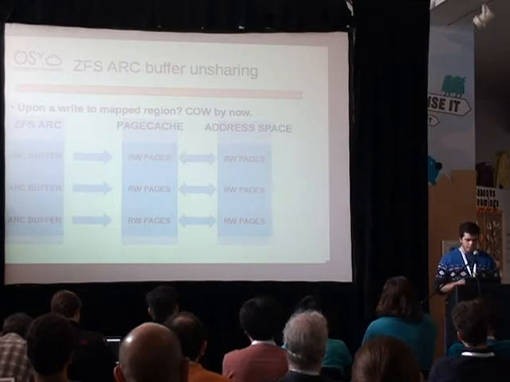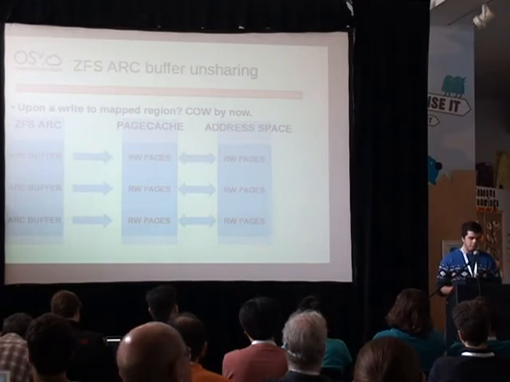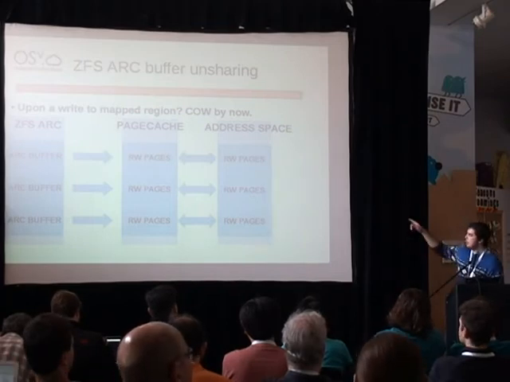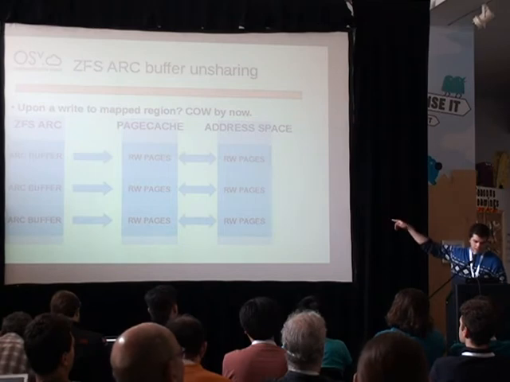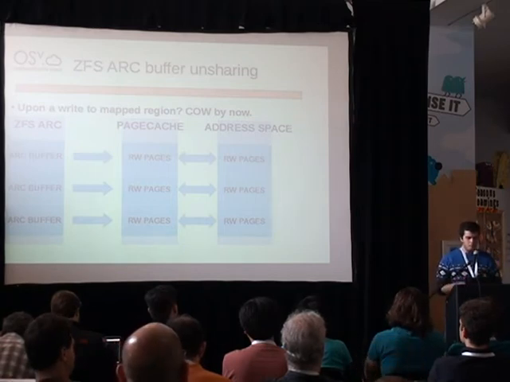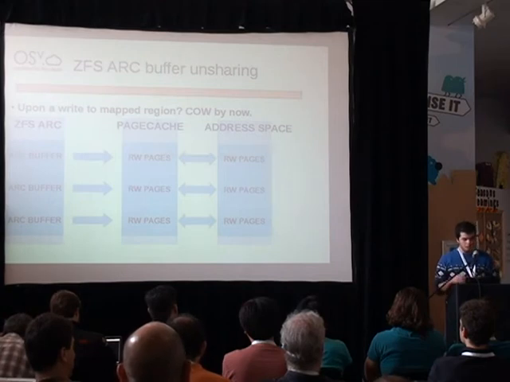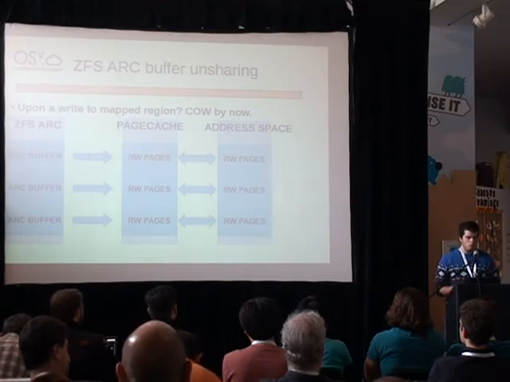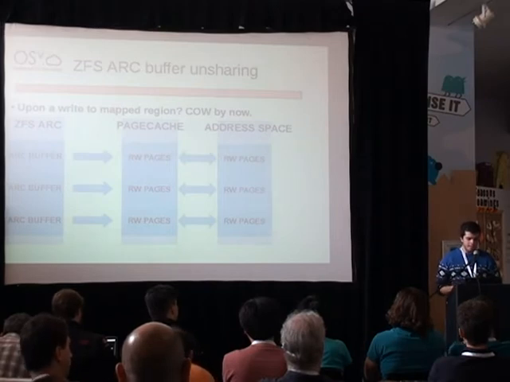From that time on, we will not be mapping those ARC buffers anymore. So we have a specialized write page cache, as we call it, that holds the copied ARC buffers. From that time on, we would be exactly like ZFS on Linux, which has the ARC buffers duplicated into the address space.